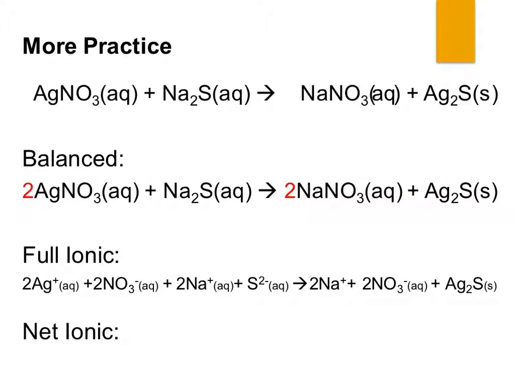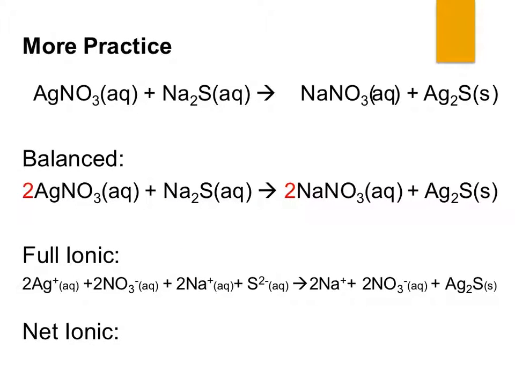There's my nitrate polyatomic ion, my anion. So I have 2 silvers and 2 nitrates. So when you write your full ionic equation, you got to make sure you have 2 silver ions and 2 nitrate ions. And the same thing here, when you have sodium sulfide, you have a 2 here. That means there are 2 sodium ions in sodium sulfide, so we have to make sure we list it down here. All right, so I've done that.